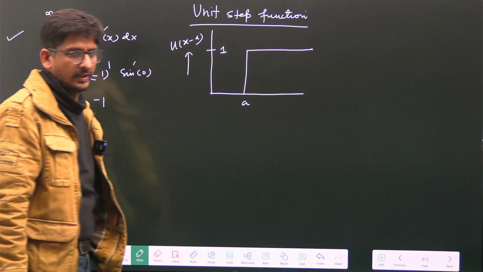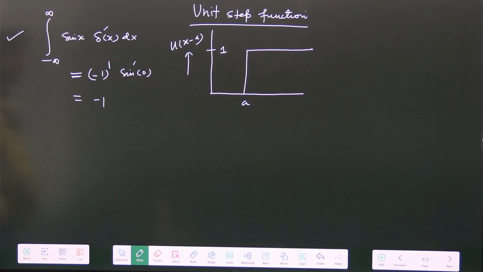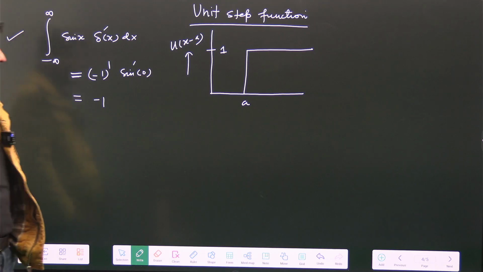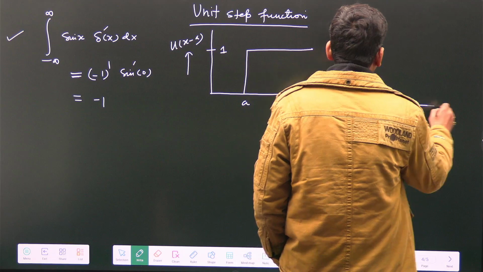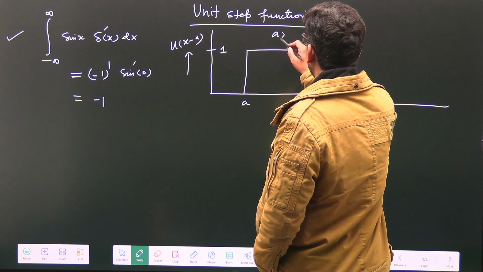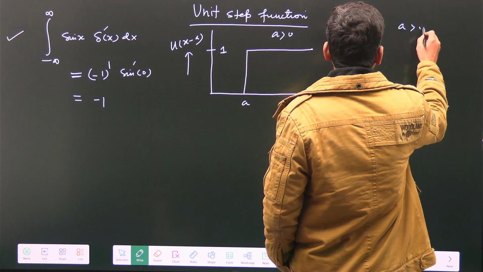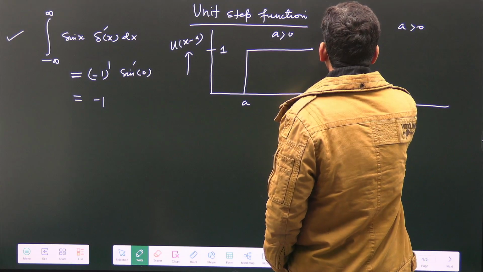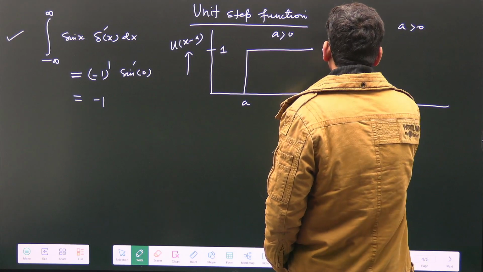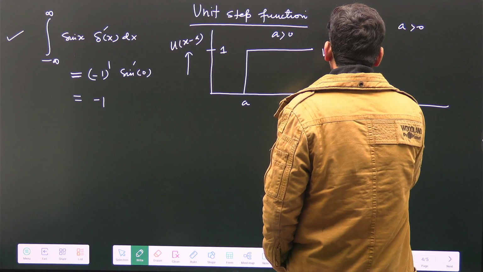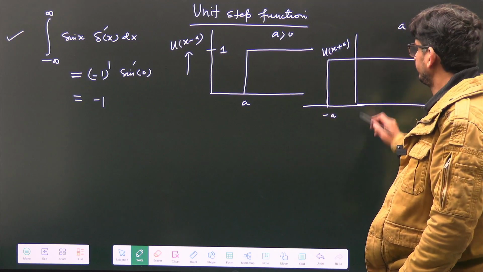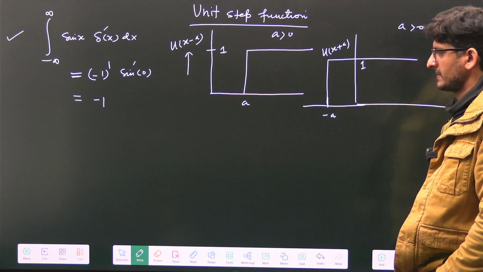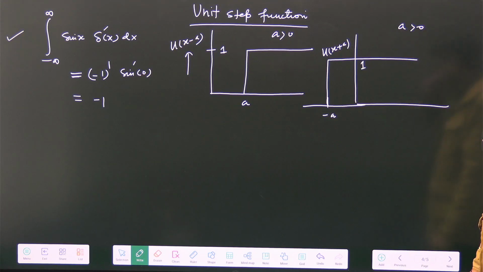This is called unit step function. It will start from a, or even if I write, suppose a is positive here, if I write u of x plus a, it will start from minus a and then it will become 1. This is called unit step function.